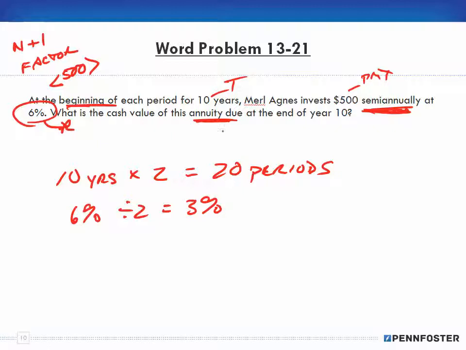Now when we go to look in our table, since this is an annuity due, we take our 20 periods and add 1 period to it. So we're looking for 21 periods, not 10 and not 20, 21. We will be looking for 3%.